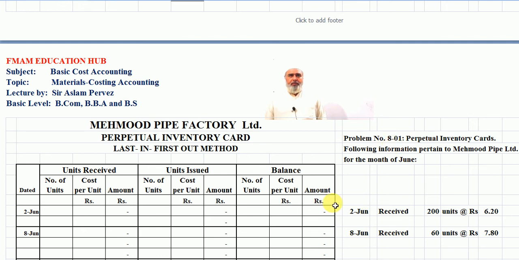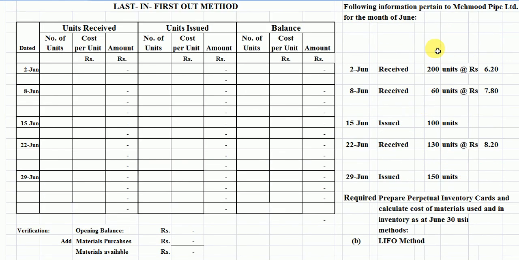Now we are going to solve this method in the given slide in front of you. Students, the question is the same. The second June received 200 units at the rate of 6.20 as purchasing units.